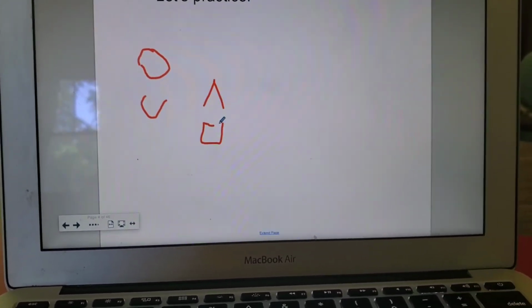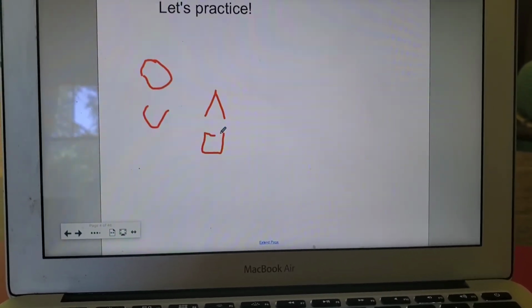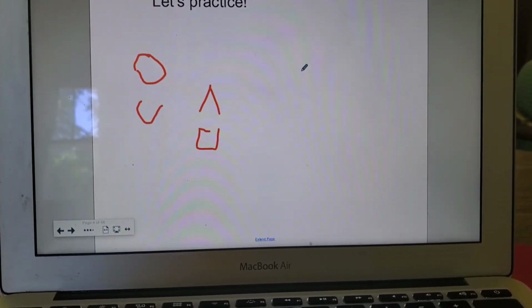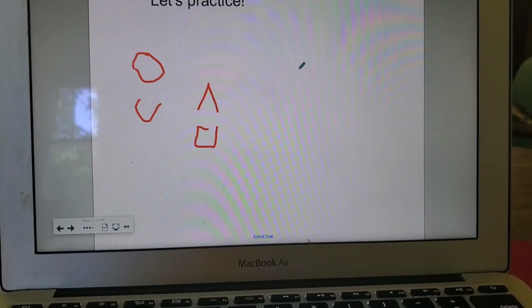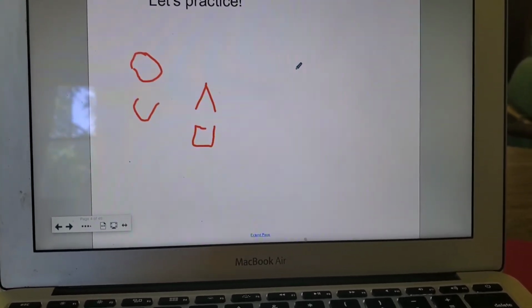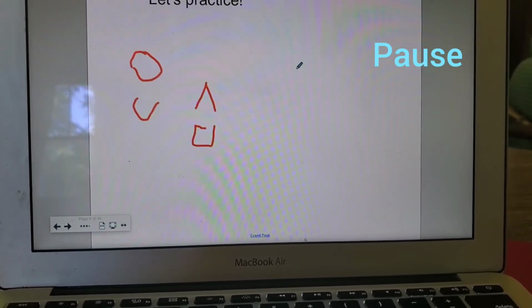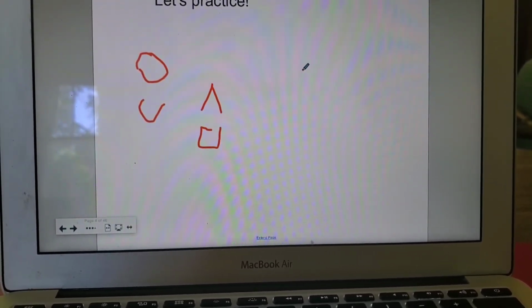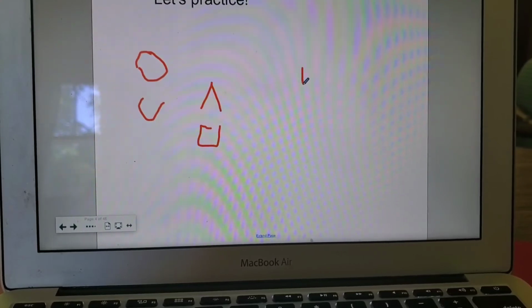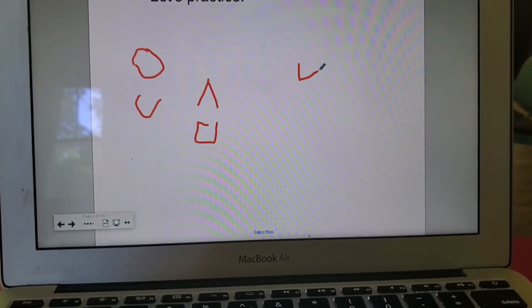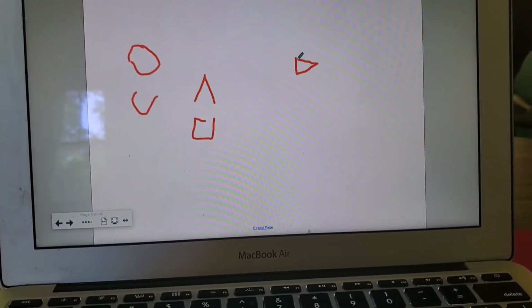All right, so now that you've drawn an open figure, it could be any shape, just like mine. Now let's draw a closed figure, okay? So pause this video and draw a closed figure. And remember, a closed figure has no openings. All right, so now that you're done, I'm going to draw a closed figure. There's one.